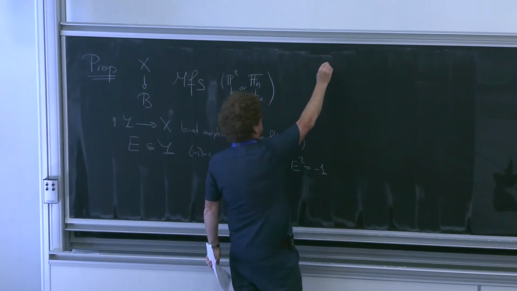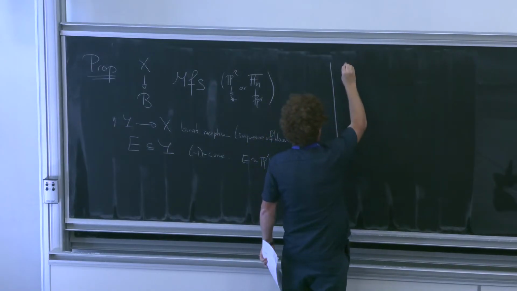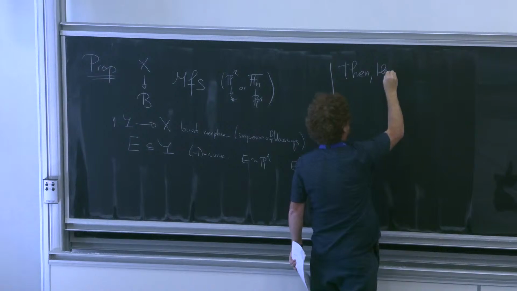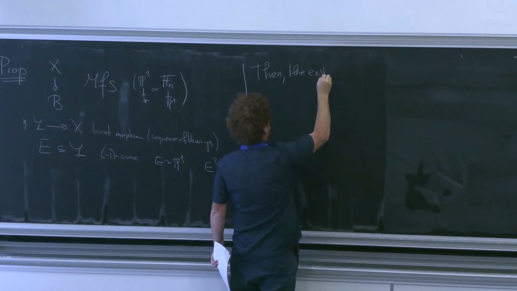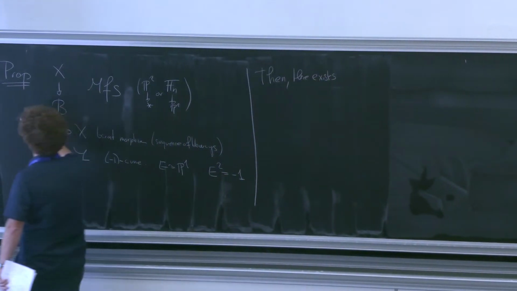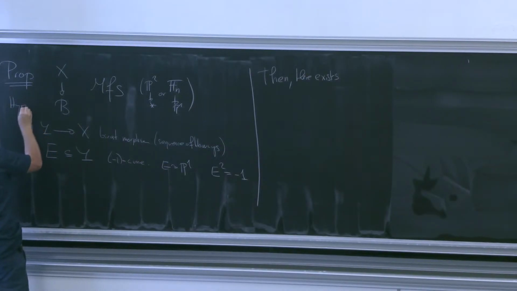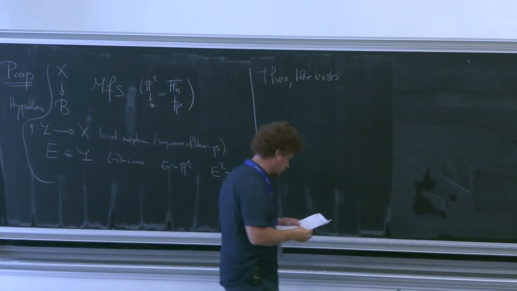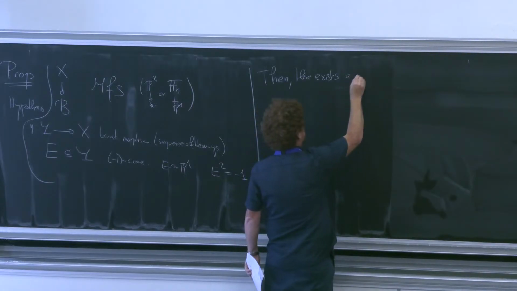I will give a diagram. So then there exists. This is the hypothesis. Everything, this is the hypothesis. And then the result is that there is a commutative diagram.